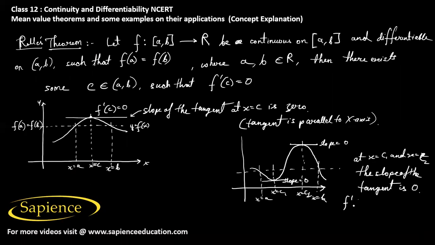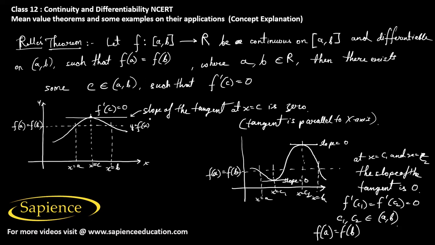It means that f dash c1 is equal to f dash c2 is equal to 0, where c1 and c2 belong to the open interval a to b, and f of a is equal to f of b. So we can have only one point in between a and b at which the slope of the tangent is 0, or we can have two or more such points in between a and b where the slope of the function is 0.